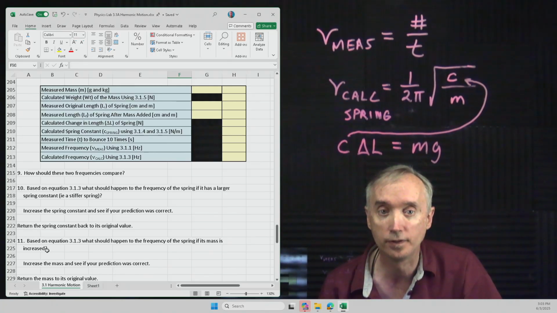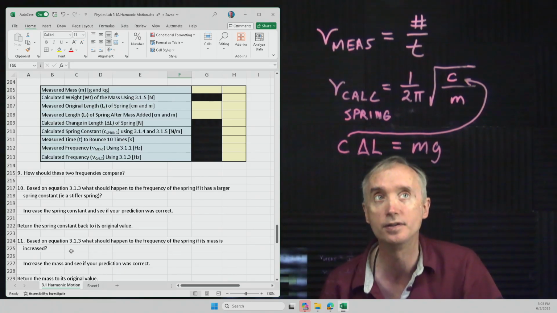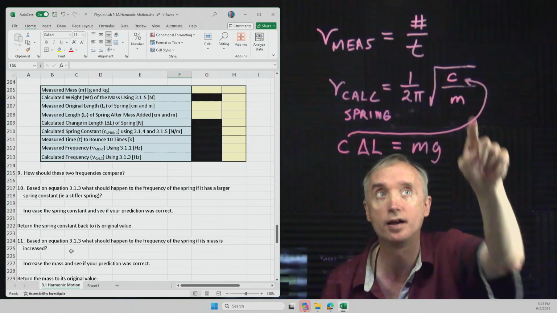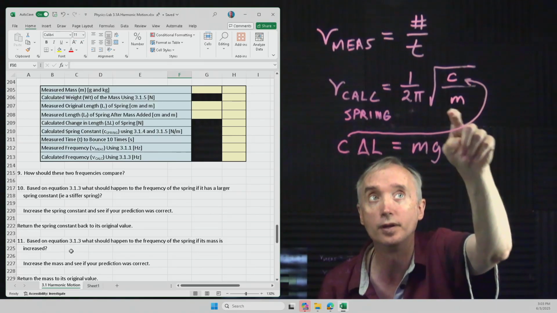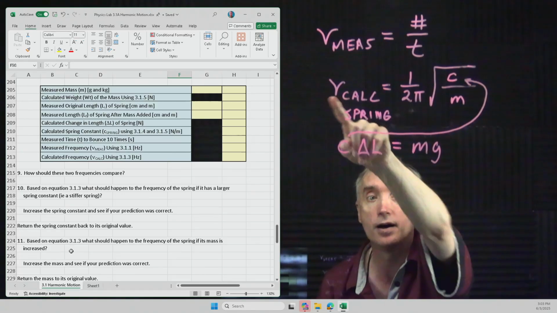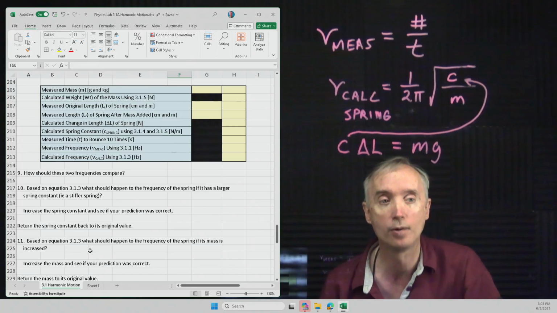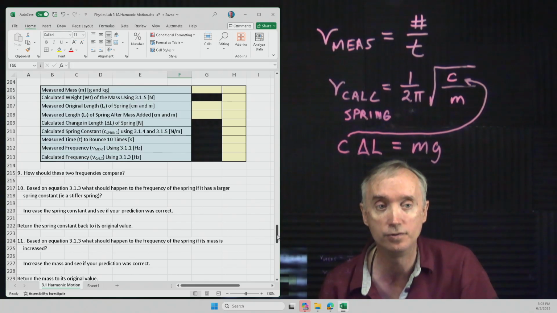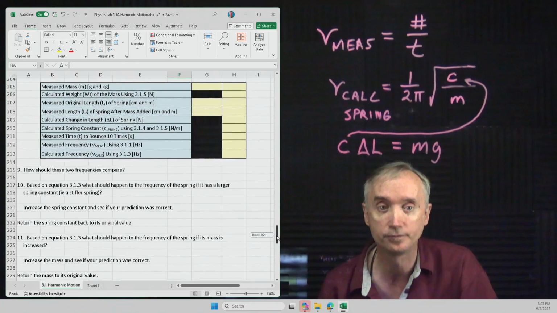Okay, then 11 is what would happen to the frequency of the spring if the mass is increased. So this time, if you make M bigger, then what comes out of the formula? And then I want you to verify that using the simulation.